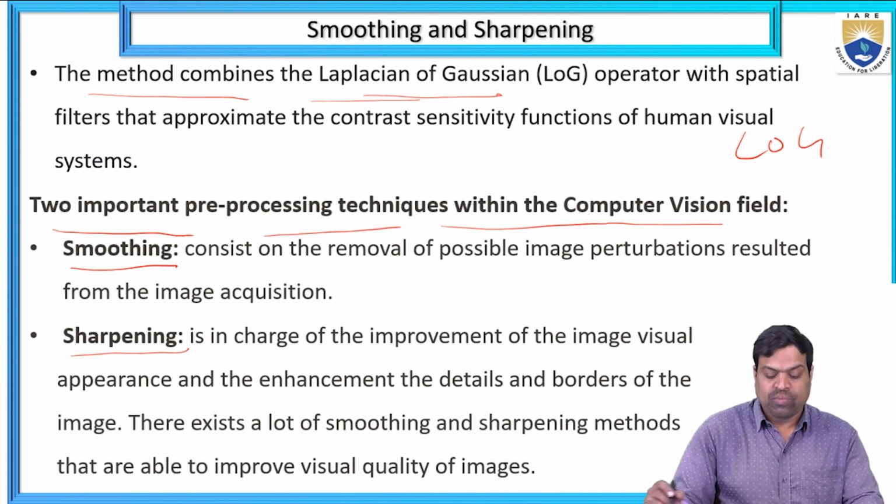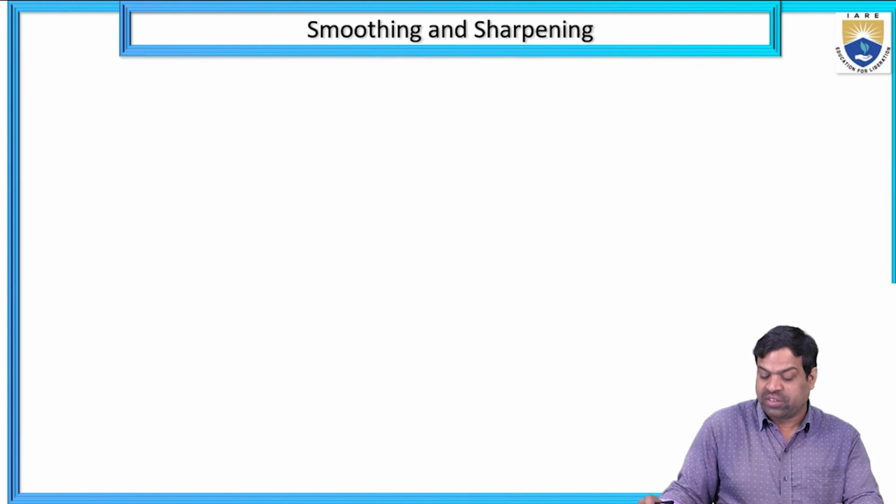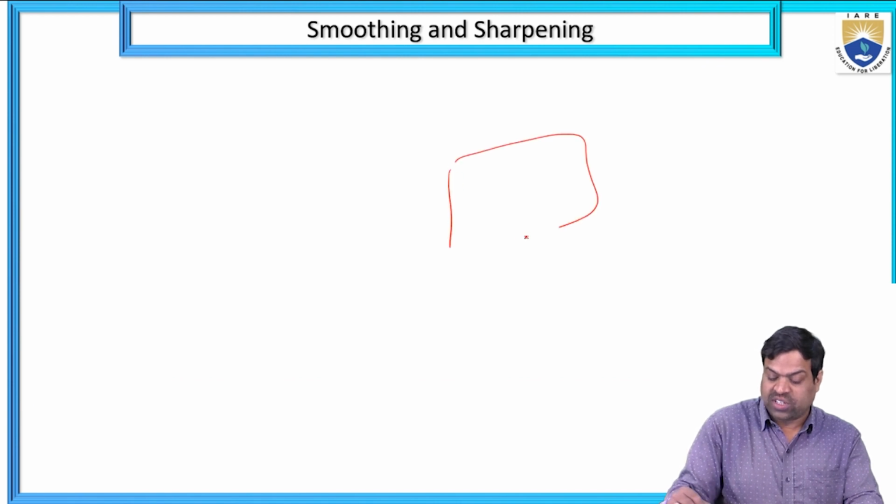Smoothing consists of the removal of possible image perturbations resulting from image acquisition, meaning unnecessary or unwanted things. Suppose one image is there, and in this image some unwanted dots are there.